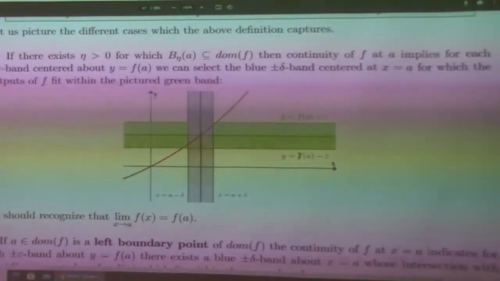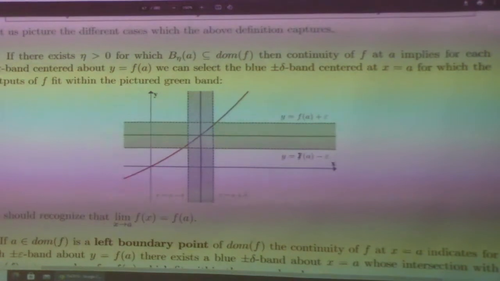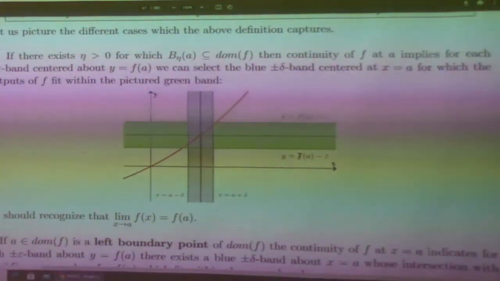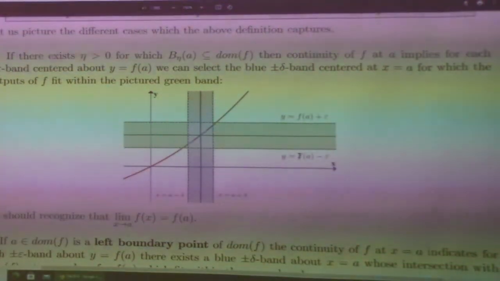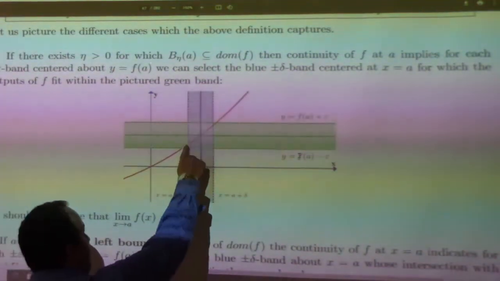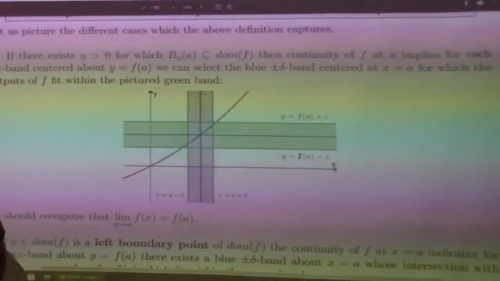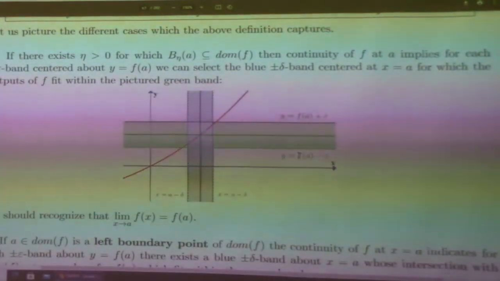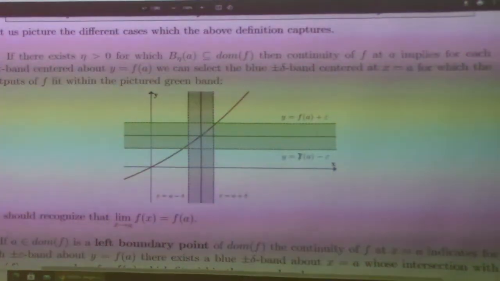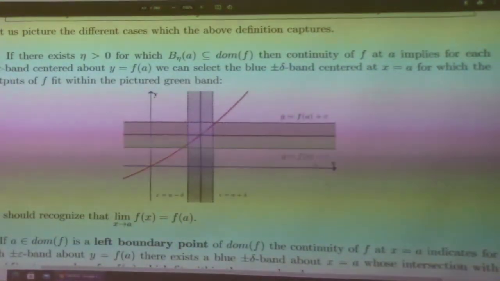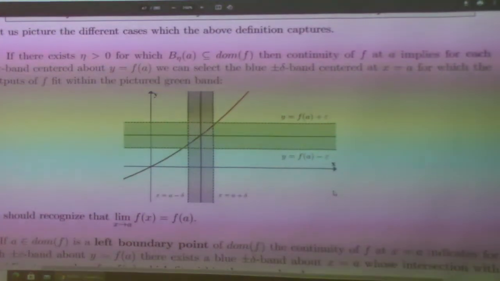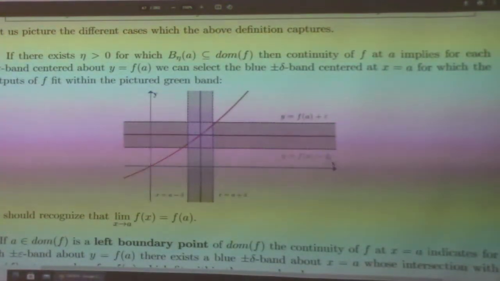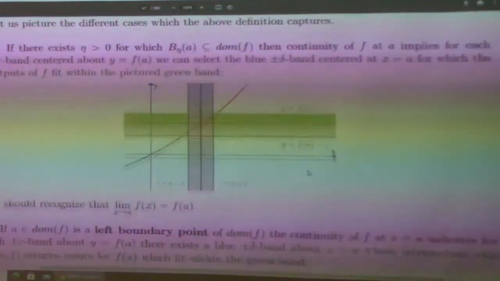That's what it means for it to be continuous: there's no jump in the graph at the point. So continuity means that you can essentially draw the graph without lifting your writing utensil from the page. This is what continuity means. It means that the points that form the graph are sort of stuck together. They're adhering to one another.